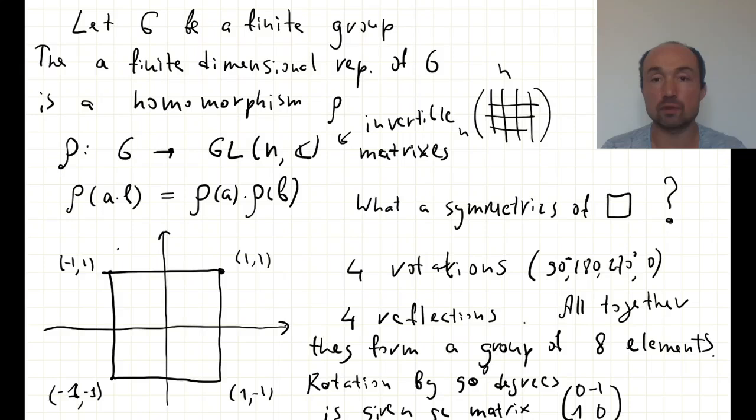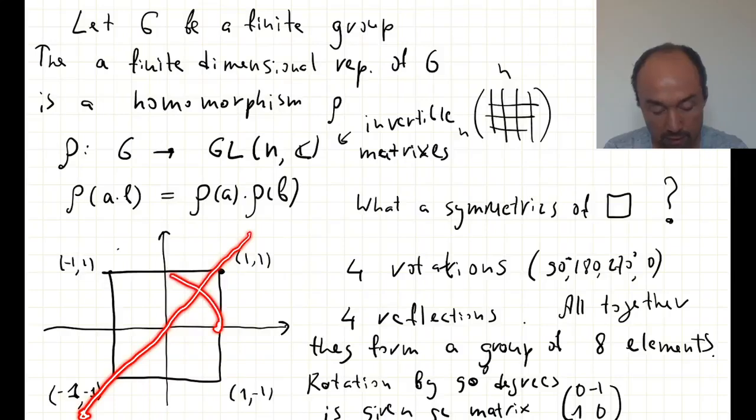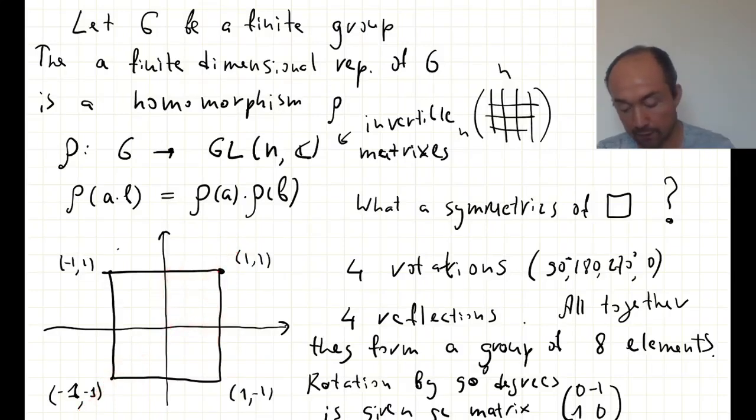Now there was also this other element, a reflection with respect to this diagonal. Again, it is not hard to see what is going on. This basis element goes here, and this basis element goes here. In other words, this reflection corresponds to the matrix 0, 1, 1, 0.